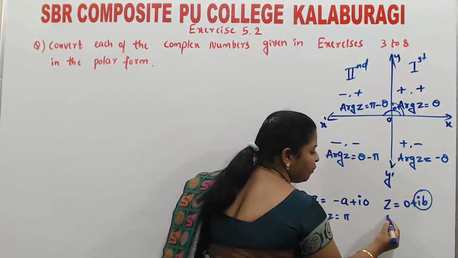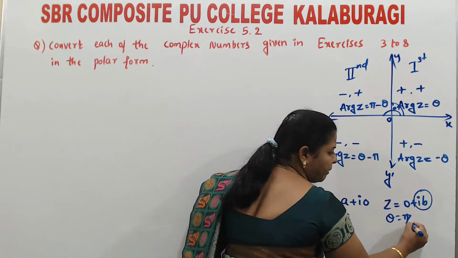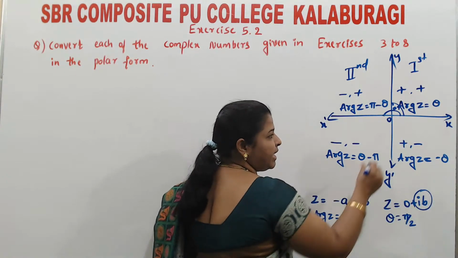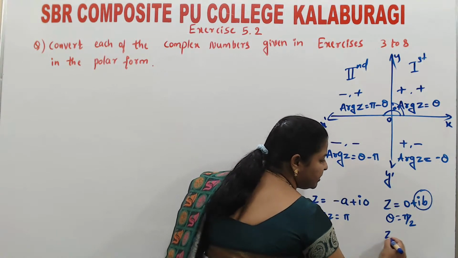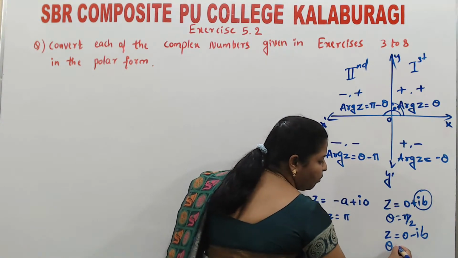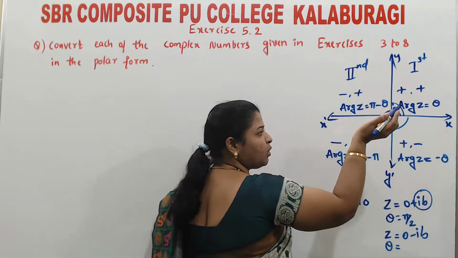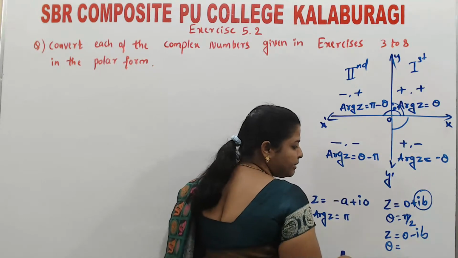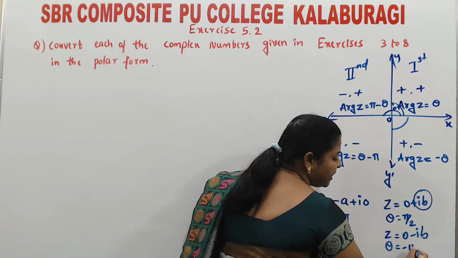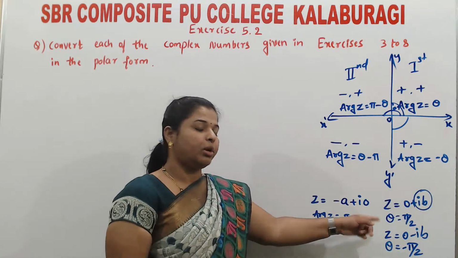Angle exists here means theta is equal to pi by 2. If the negative side is there, z is equal to 0 minus i b, then negative side means negative, theta is moving in the clockwise direction, so theta is equal to minus pi by 2. We have to remember these two things, okay?